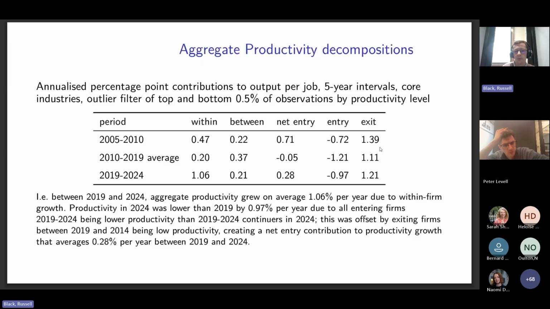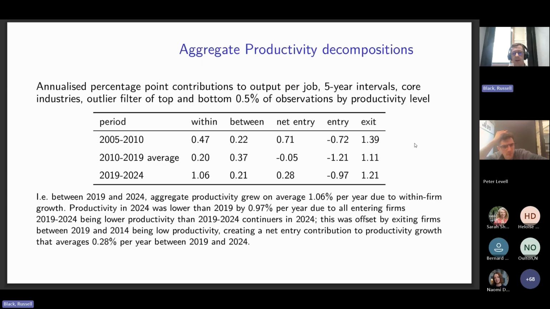Usually firms exit for a reason, which is that they're not productive enough and are being outcompeted by all of the other companies. So exit is almost always positive. And pretty much the exit component is large enough to outweigh the entry component. The market is working.